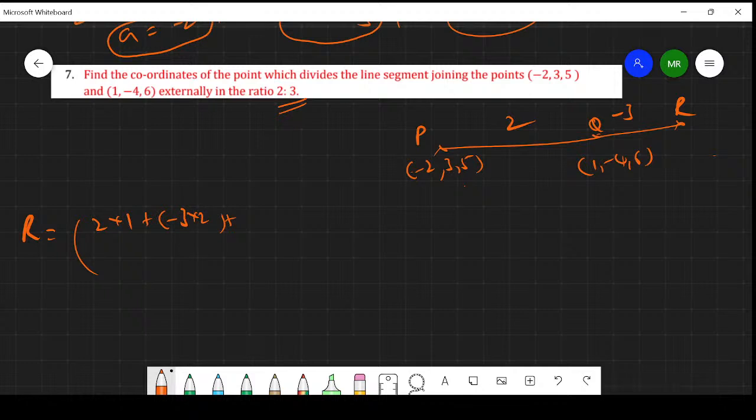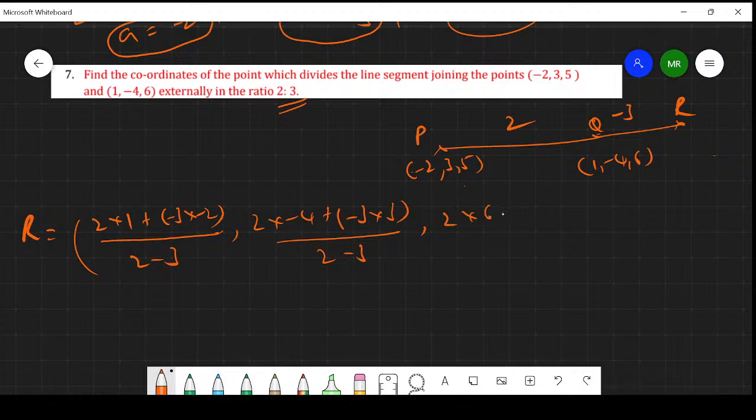Be careful, you should be careful, 2 into 1 minus 3 into minus 2, by 2 minus 3. Next y coordinate, 2 into minus 4 plus minus 3 into 3 by 2 minus 3. Next z coordinate, 2 into 6 plus minus 3 into 5 by 2 minus 3.